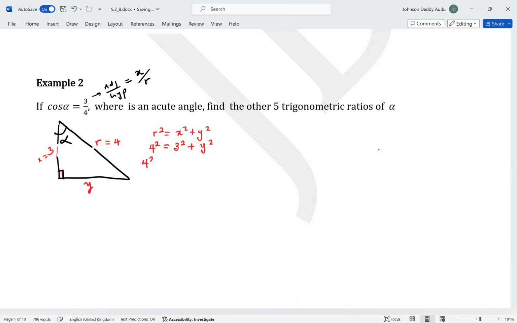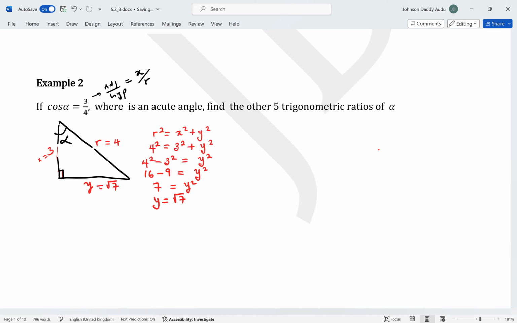So y squared is 4 squared minus 3 squared, which is nothing but 16 minus 9. So 7 is equal to y squared. So y is root of what? Root of 7.